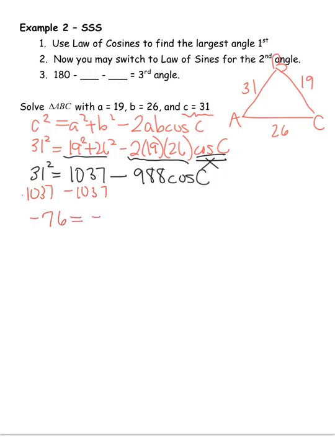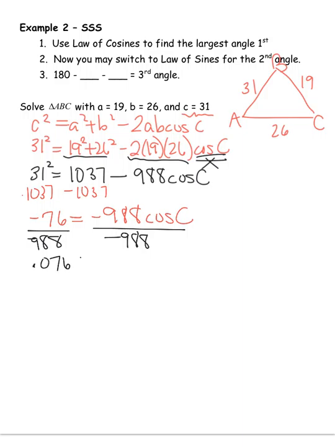That leaves me equaling negative 988 times the cosine of C. It's important I don't lose that negative. Now I'm going to divide away that answer. And I'll get a very tiny decimal, equal to the cosine of C.